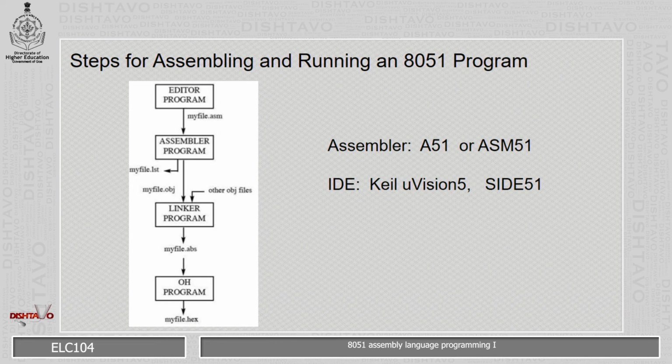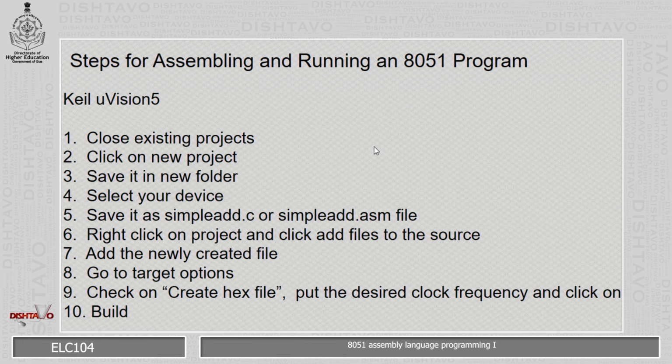There are different types of compilers given by different companies. One of the widely used is Keil MicroVision, and the one I am using is Keil MicroVision 5. It's an evaluation version, and we are also using SDCC 51 compiler.